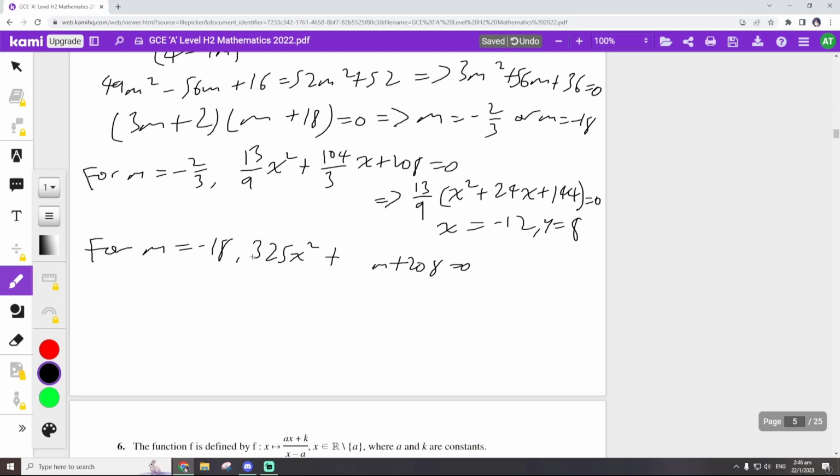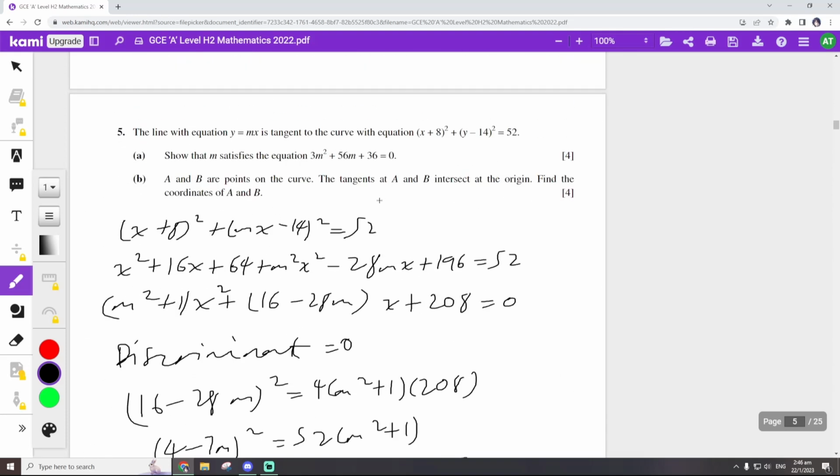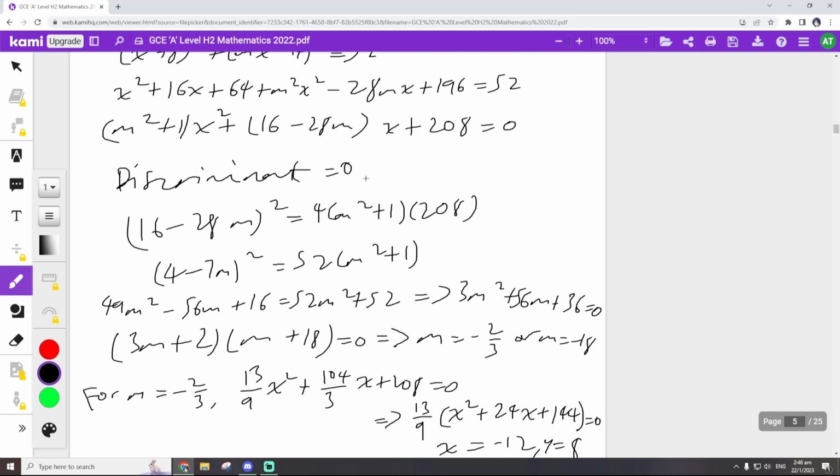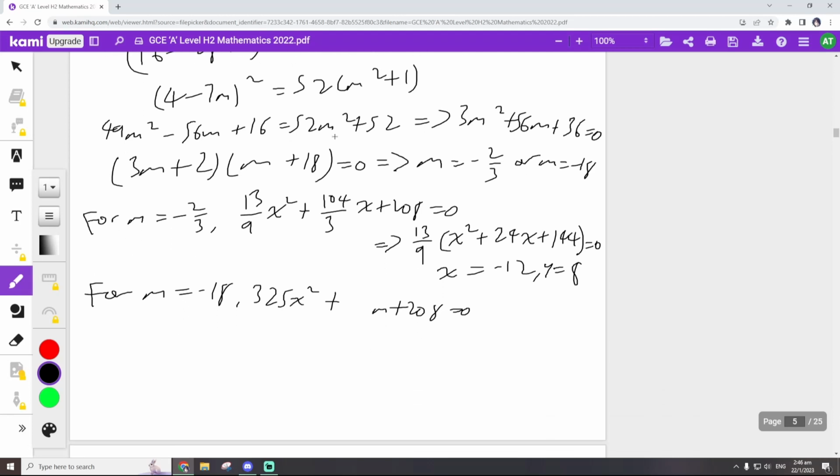No. 16 minus 28m, m is 18, so 560 minus 56, 504, 520.